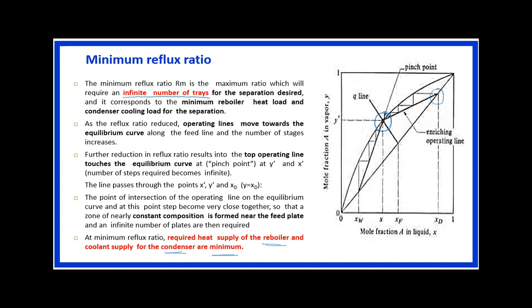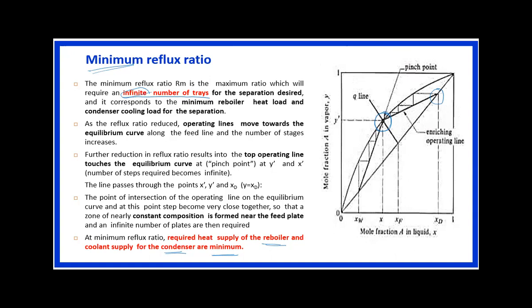If the liquid is less, the vapors are also less, so for condensation the vapor load is also less. So for the minimum reflux condition, the heat load on the reboiler as well as on the condenser is minimum, but the number of trays required is infinite.